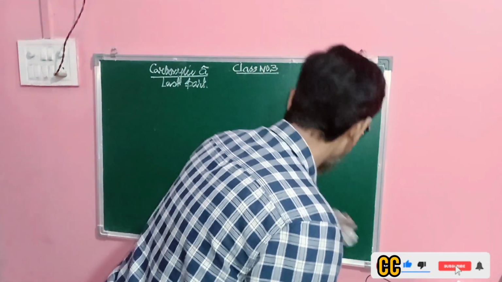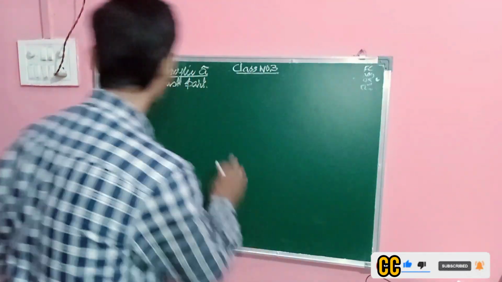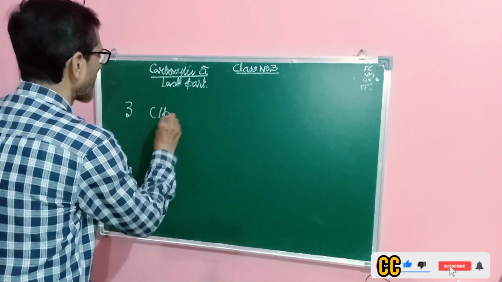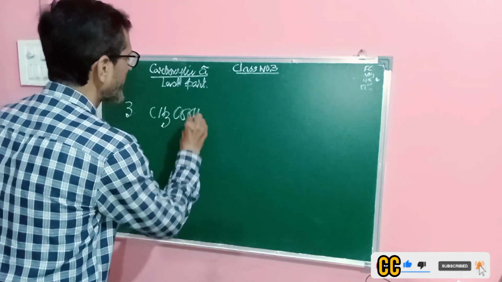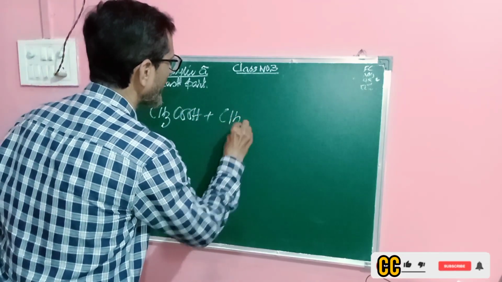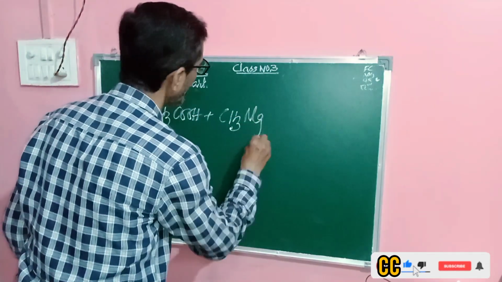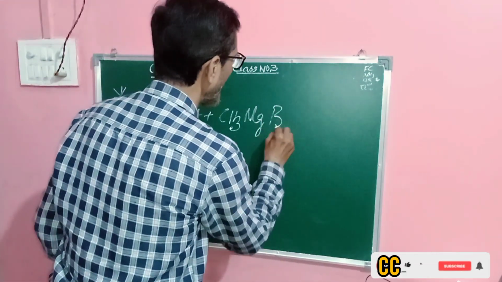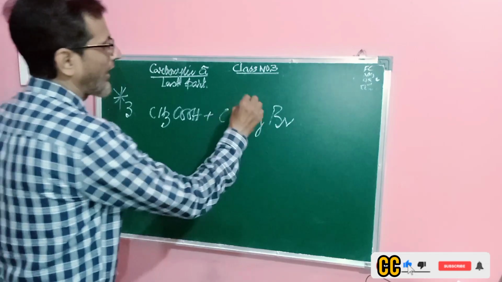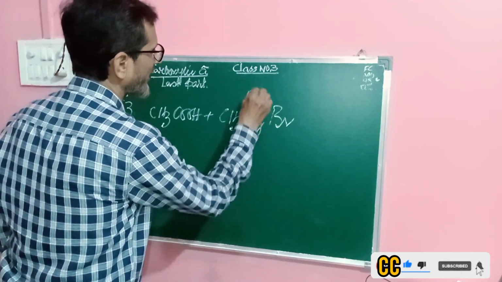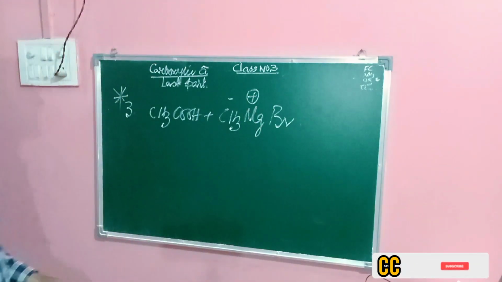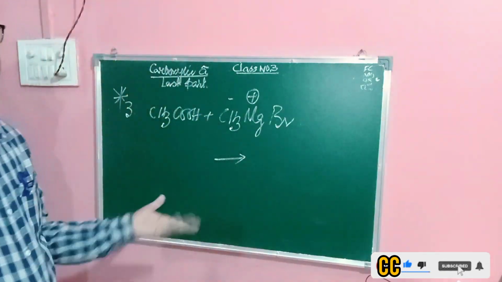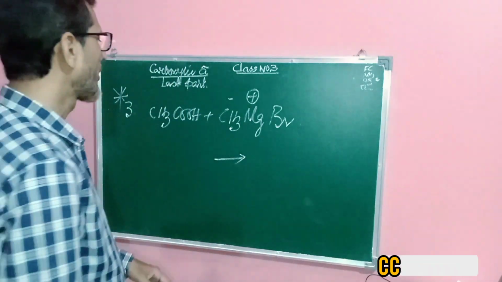The next one is again very important, the third type of reaction: acetic acid plus Grignard reagent. Earlier I told you the Grignard reagent has a plus and a minus. I won't show you the huge mechanism, but it is very simple.